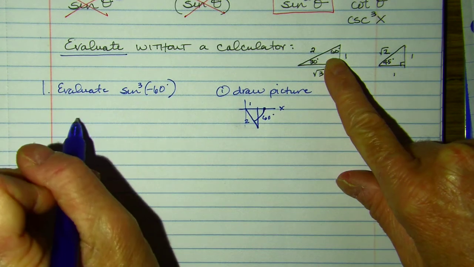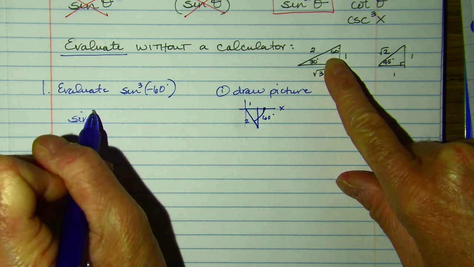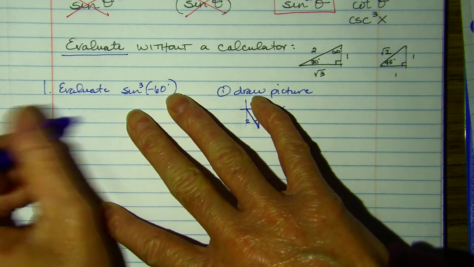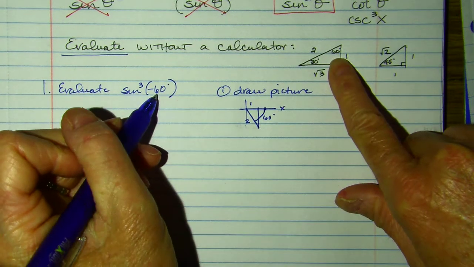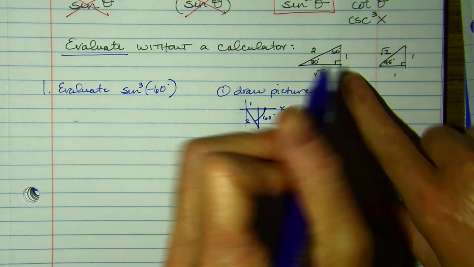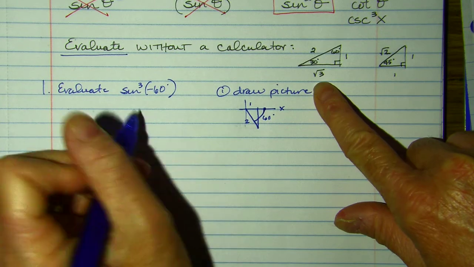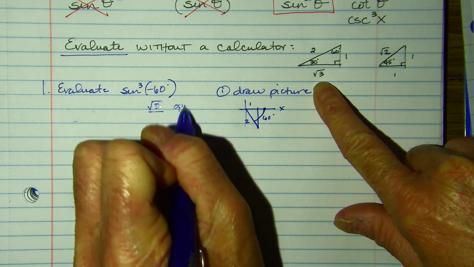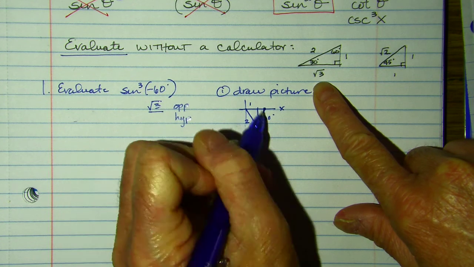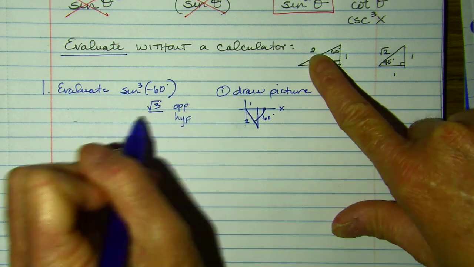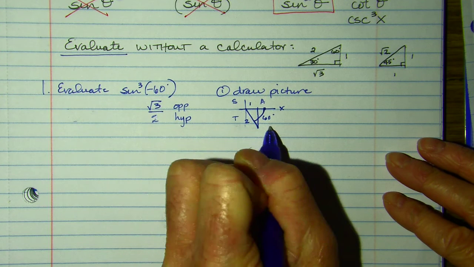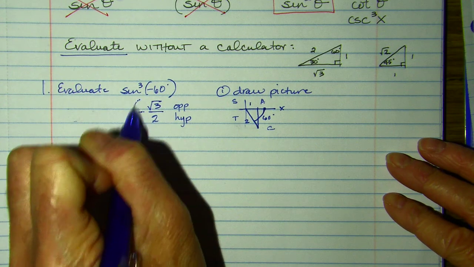So the sine of 60 would be opposite over hypotenuse, so root 3 over 2, since the hypotenuse is 2. But I'm in quadrant 4. All students take calculus, so I am negative.